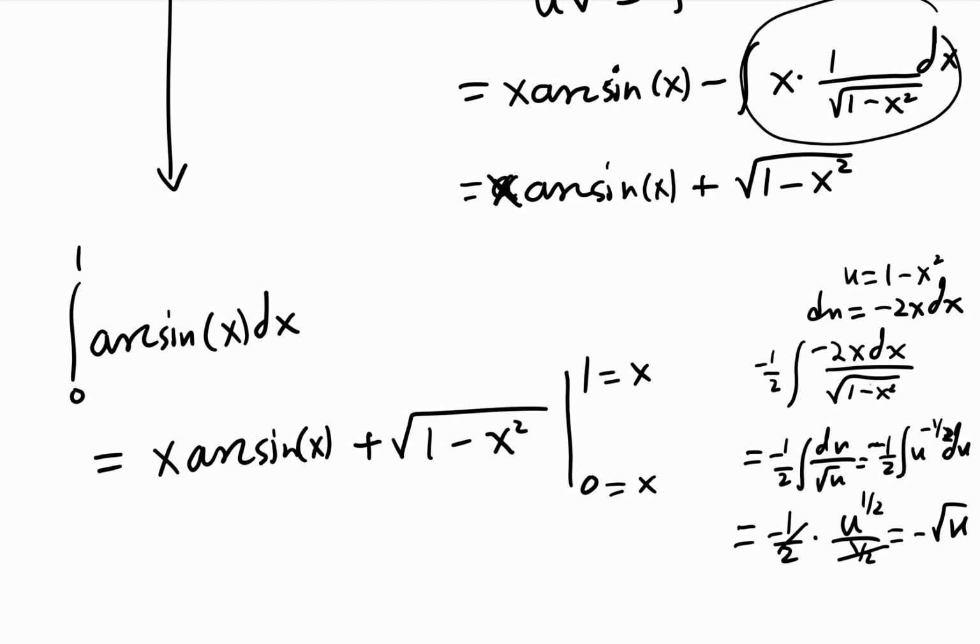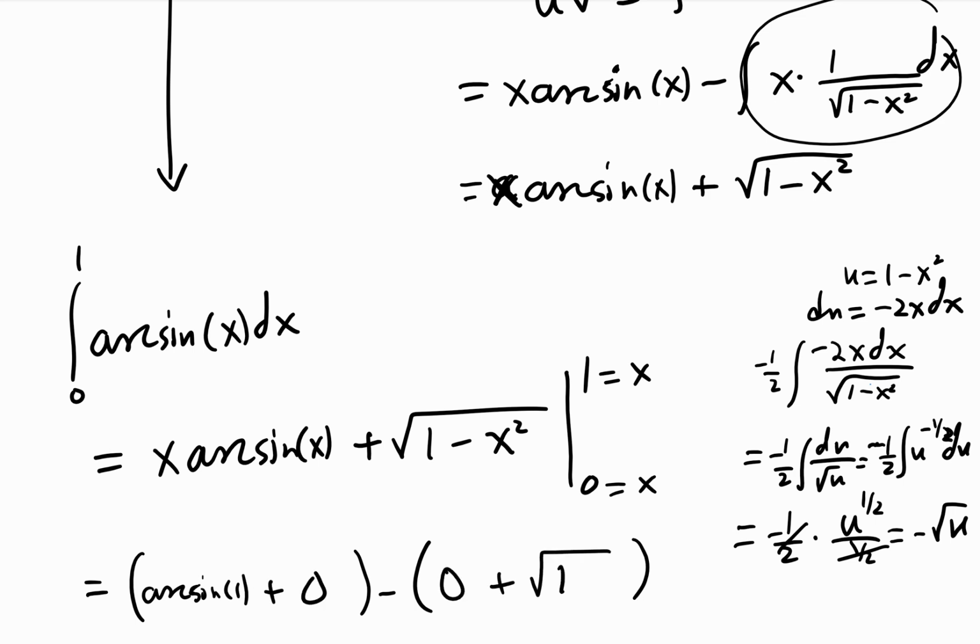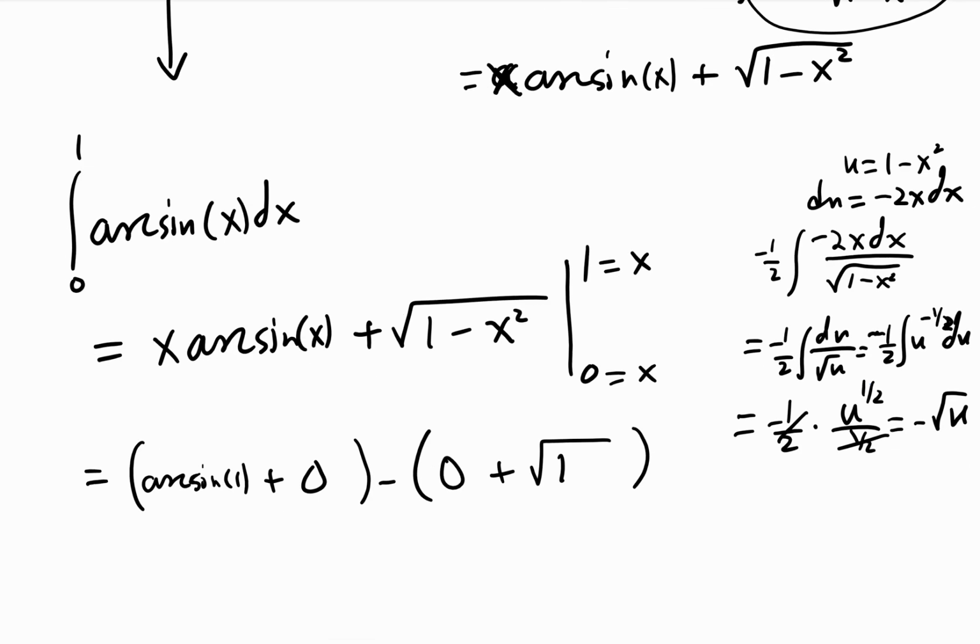Now we can finish by substituting the 1 first minus the 0 next: 1 times arc sine 1 plus the square root of 1, minus 0. Arc sine 1 is pi over 2, so the answer is pi over 2 minus 1.